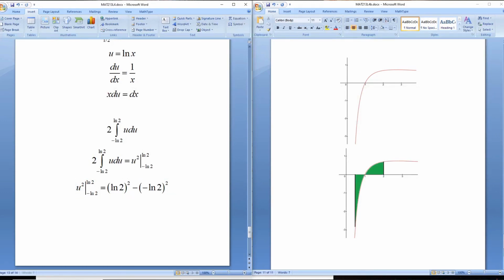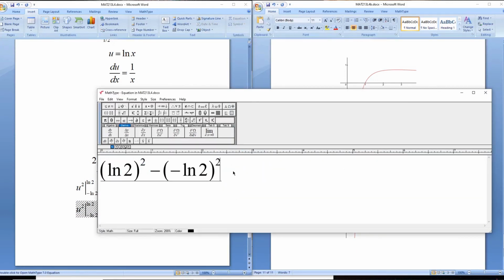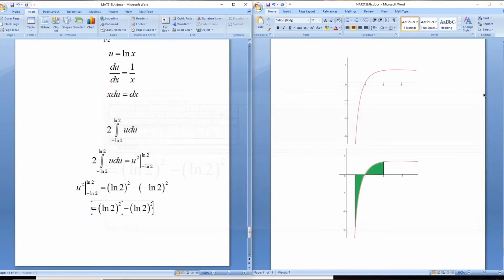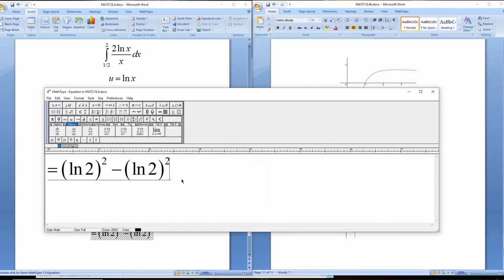And just as a quick cleanup here, remember from properties of exponents, we can pass along this 2 to the log and also pass this 2 along to the minus sign. So minus squared is just a positive. So minus log 2 squared equals positive log 2 squared there. And you can see that that equals 0.